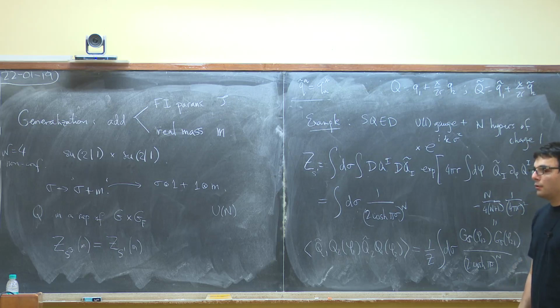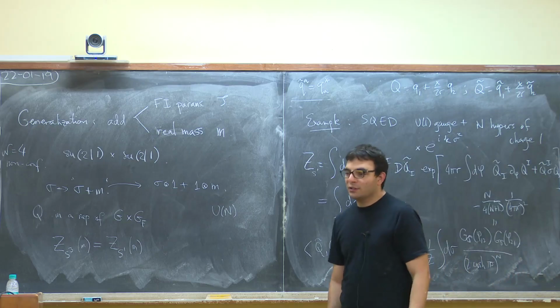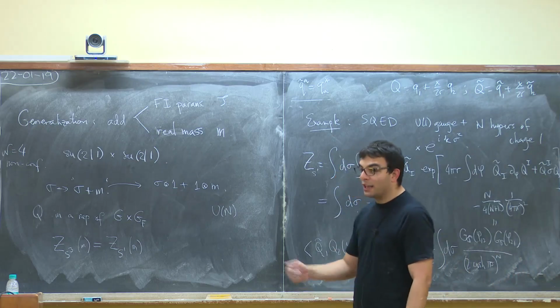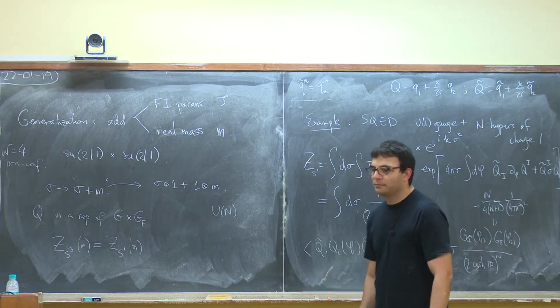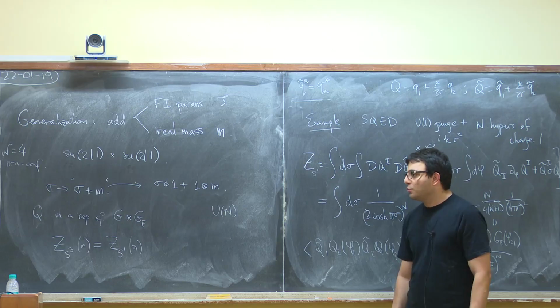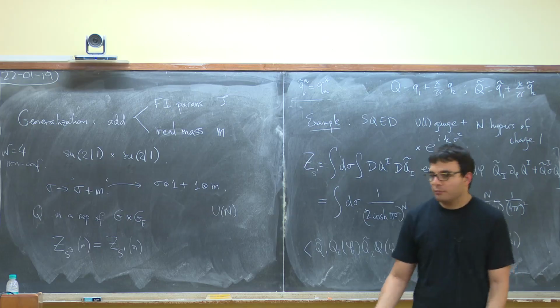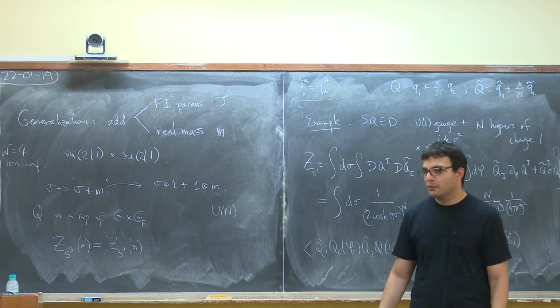Just an adjoint. That theory is subtle. That theory is bad. But it's supposed to flow to the same infrared fixed point as the theory that I just described that has an additional fundamental. Why is that theory bad? If you naively compute the S3 partition function, it diverges. So that means that there's some sort of symmetry breaking.